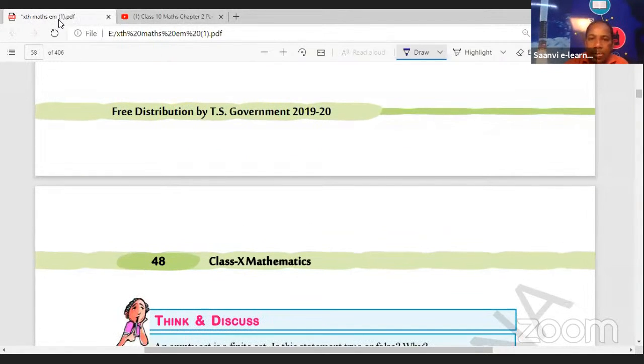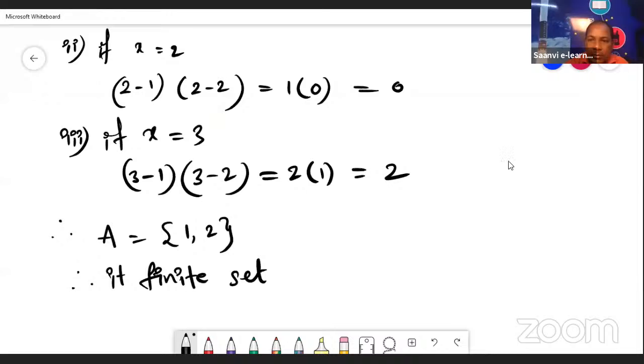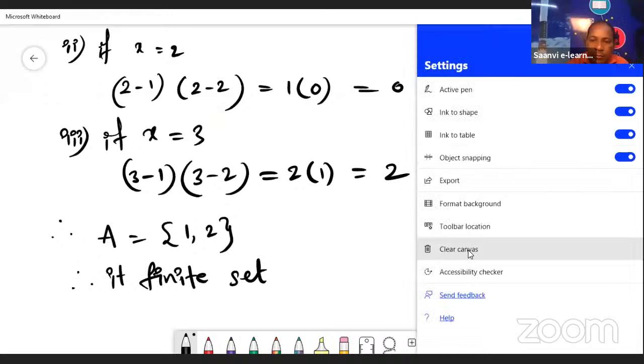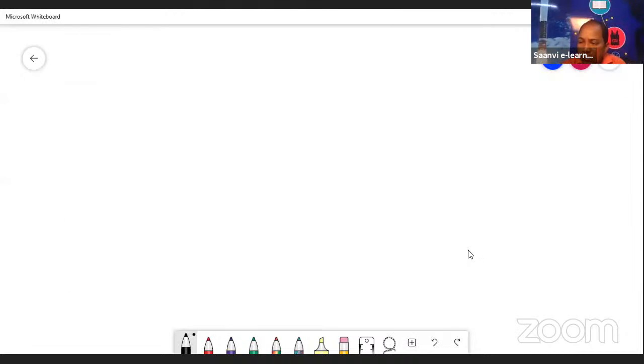And one more thing, children. For this cardinal number of a set, we have an important formula. All of you note this formula, very important. So write, we have two formulae.